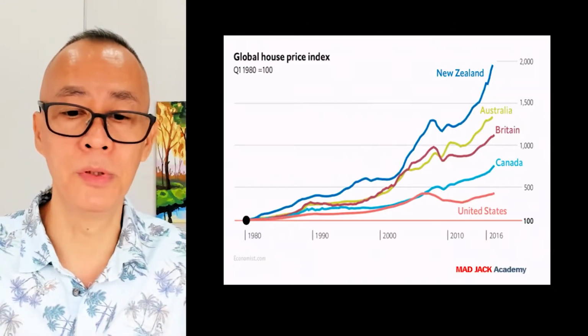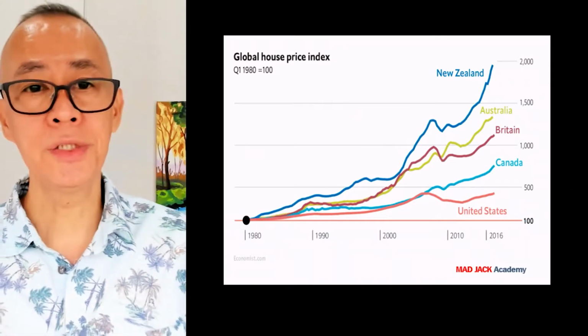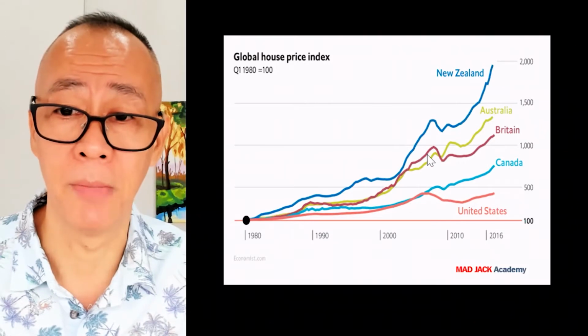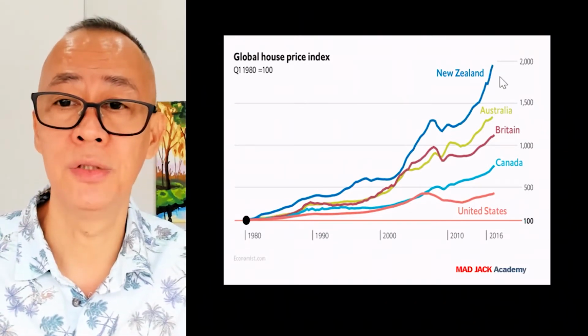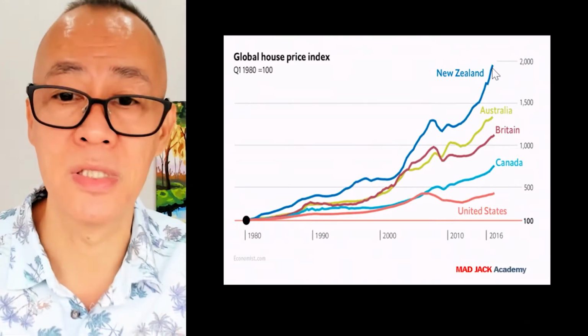Now before I go into that, I'm going to show you a bigger slide about this global house price index. This global house price index shows you that over the years, since 1980 to say 2016, property prices have gone up tremendously.